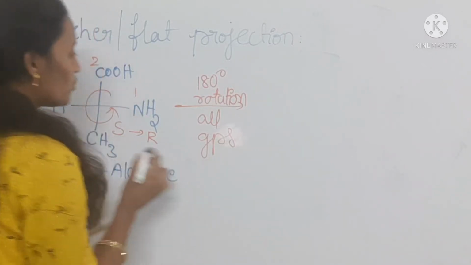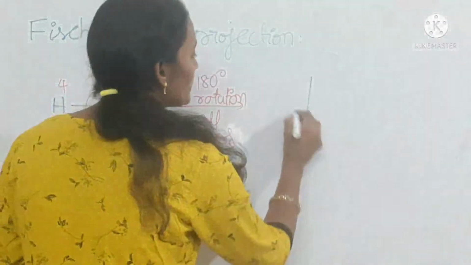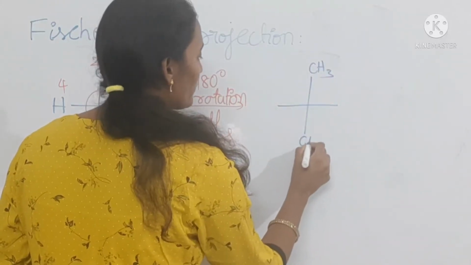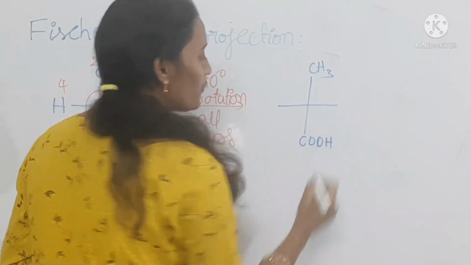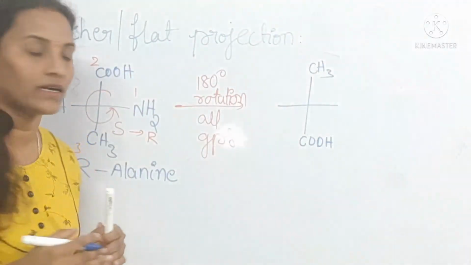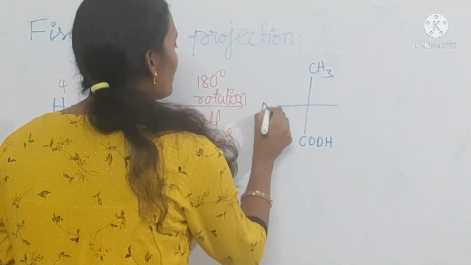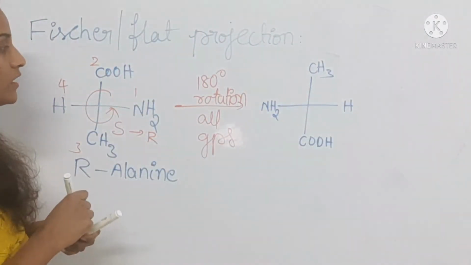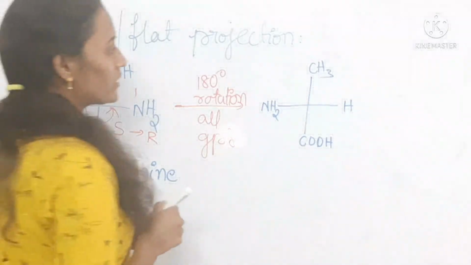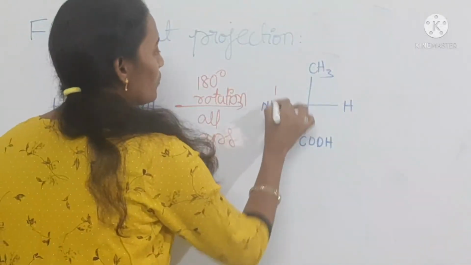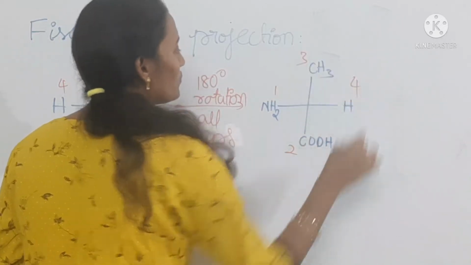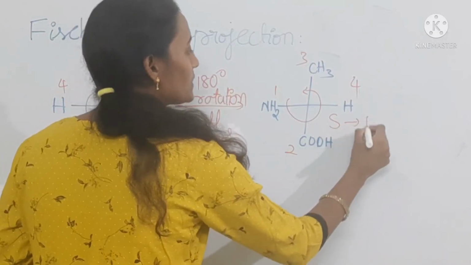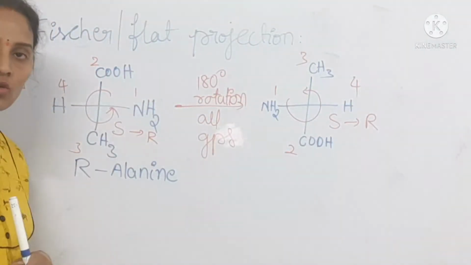Okay, coming to what happens after 180 degrees rotation, the down one becomes top and the top one becomes down on the vertical line, and the left one becomes right and right becomes left on the horizontal line. Now you can assign priority and give configuration 1, 2, 3, 4. See, S configuration becomes R because the least one is on a horizontal plane.